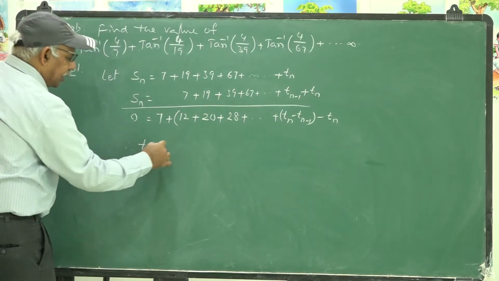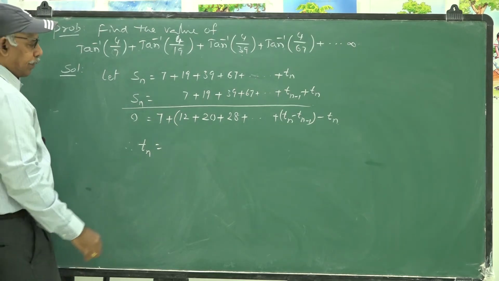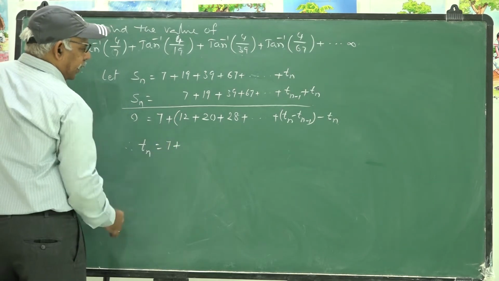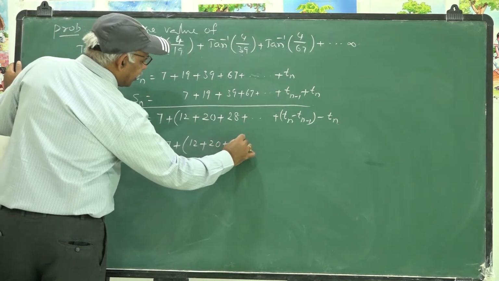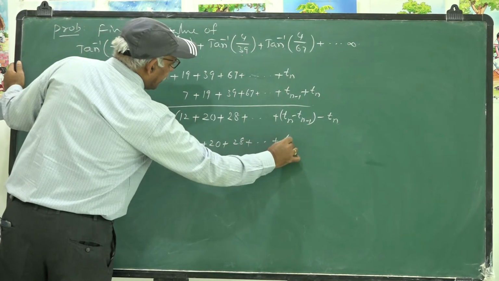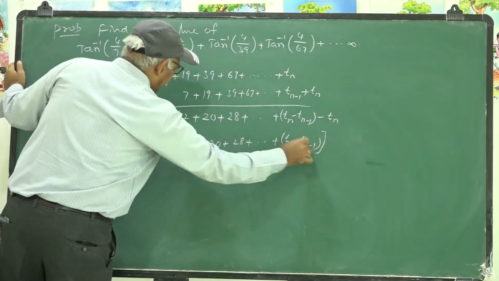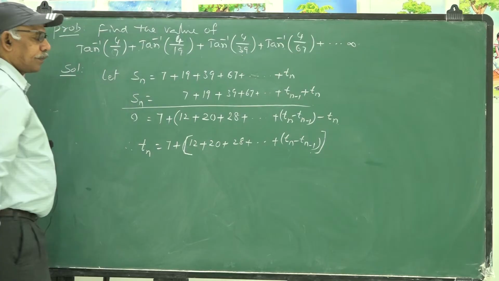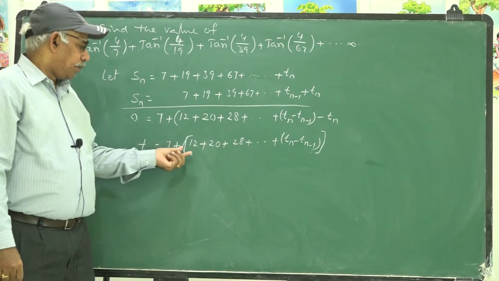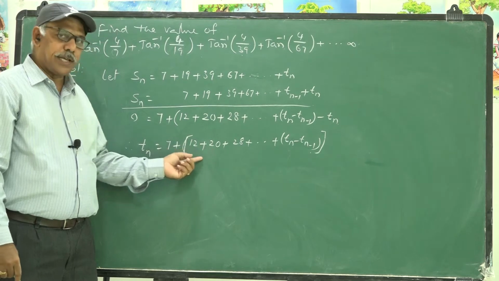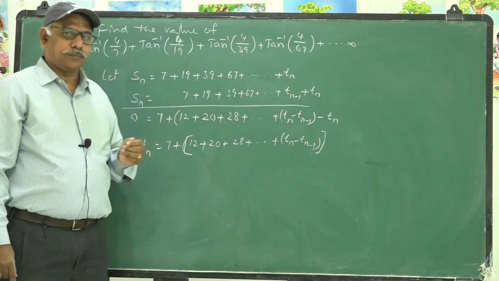On transfer of minus Tn to this side, we get Tn equal to 7 plus 12 plus 20 plus 28 and so on, up to Tn minus Tn minus 1. Clearly these are all in AP because the common difference is 8. This is 8, this is 8, so this is also 8.